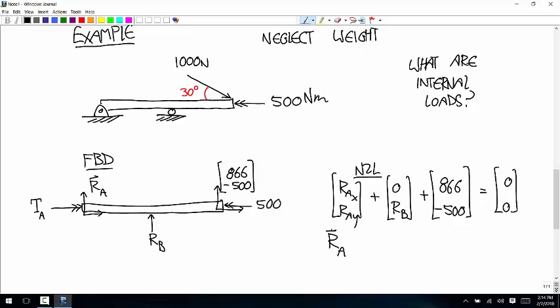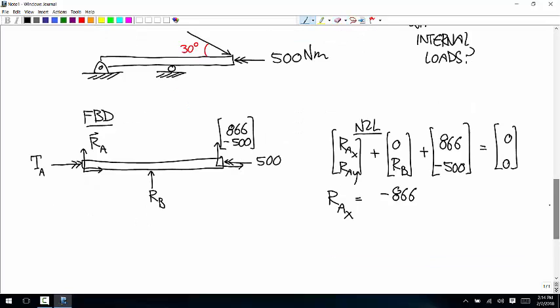So this force vector RA is equal to negative 866 for X. Oh, we don't have enough information yet to do B. So RAX is negative 866. And then we have one equation that we'll have to come back to that says RAY plus RB is equal to positive 500.